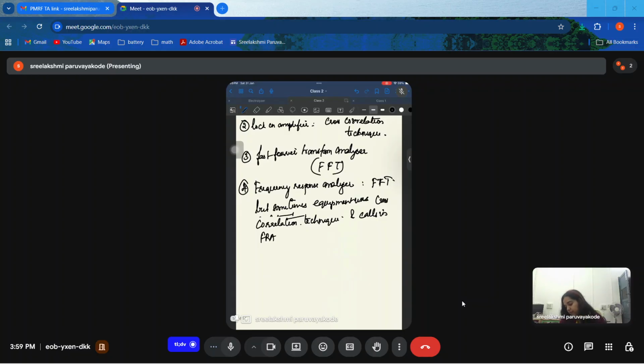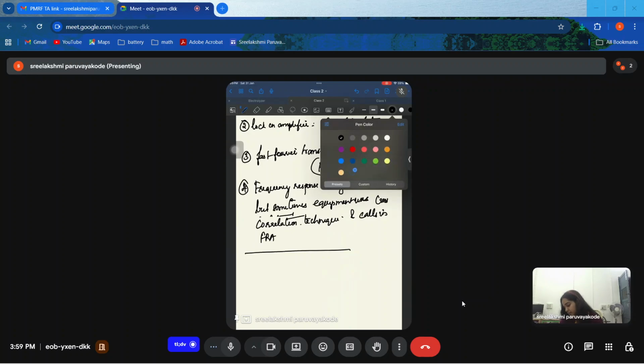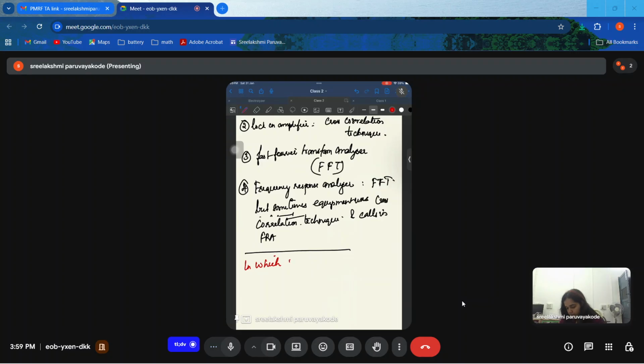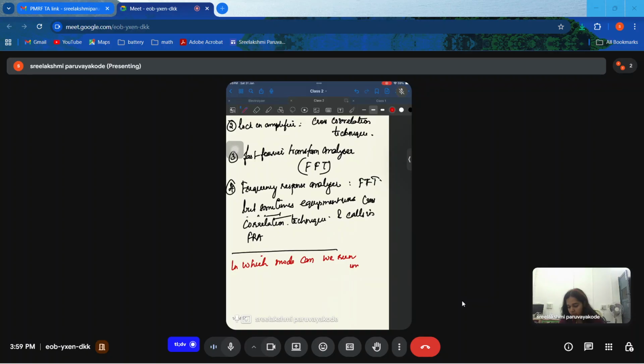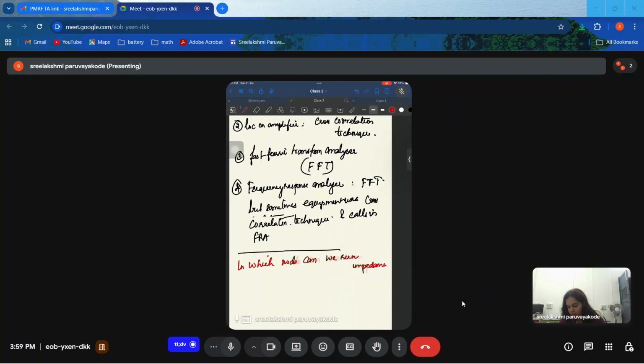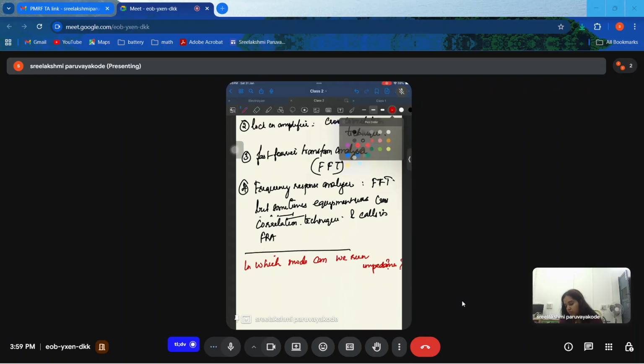Now, the next question is, in which mode can we run impedance? This is an important question. What is happening in impedance is we have a DC bias and we are overlapping it with a small AC bias.